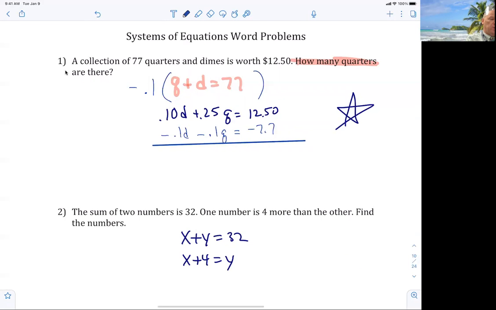And now the dimes are gone. So I have 0.15q equals, what is that? 480. That makes sense now? And so from there, we know that the number of quarters is 32.